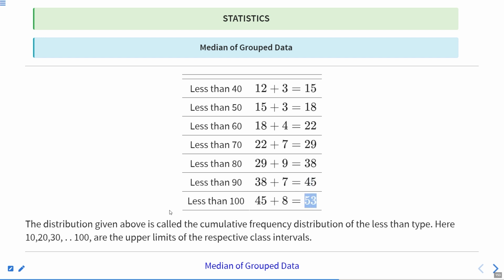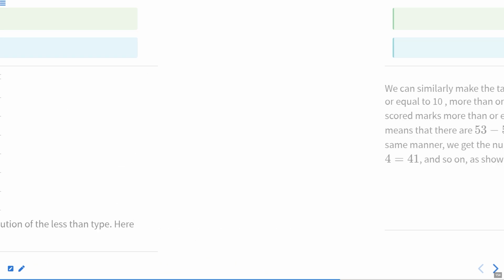So the distribution given above is called the cumulative frequency distribution of the less than type. Here 10, 20, 30, 40, 50 up to 100 are the upper limits of the respective class intervals.